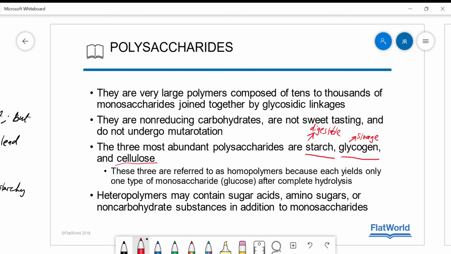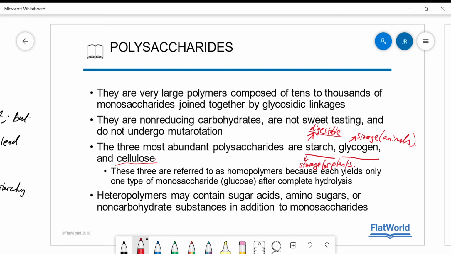So essentially glycogen is storage for animals. Starch, you could think of it as storage for plants. We eat the plants, and it's a digestible form of starch for us, a form of polysaccharide for animals.